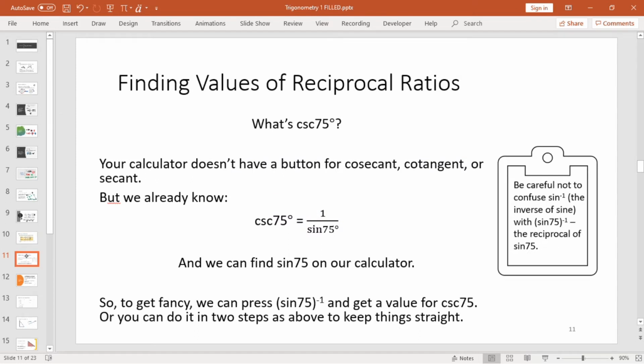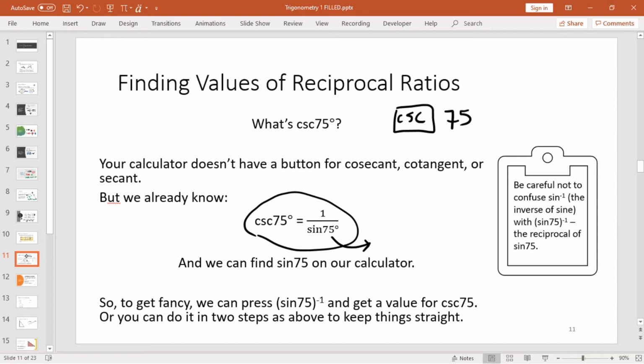Okay, to find the value of these reciprocal ratios, we don't have these buttons on our calculator. I can't just press the cosecant button and then 75 and have it give me the answer. But what you do know is this fact. So you're allowed to just find the value of sine 75.